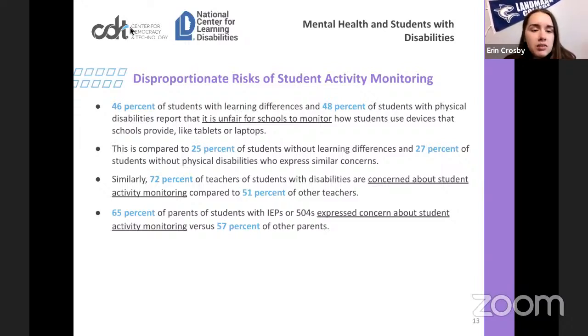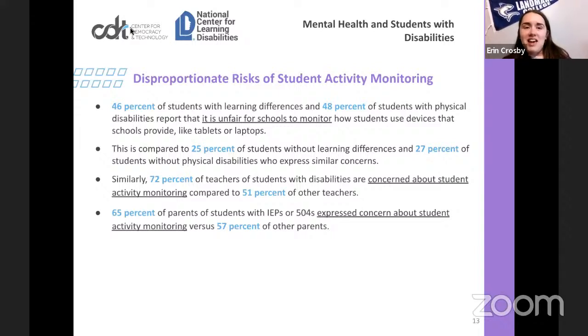I'm just looking at the data again. But touching on the point that it's unfair, I can definitely see why it's unfair, and let me tell you why. When I was student teaching, I had a second grader. At the end of every day, he would tell my cooperating teacher, "You're going to turn off Dino, right?" And Dino was the monitoring software that the district was using.